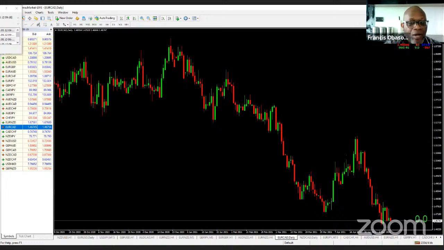So I am going to mark up or take note of this: Canadian pairs, Euro Canadian dollar and New Zealand dollar Canadian dollar. I'll be looking for a sell in the next couple of trading days. I don't want to be aggressive about it. I could have jumped in now.